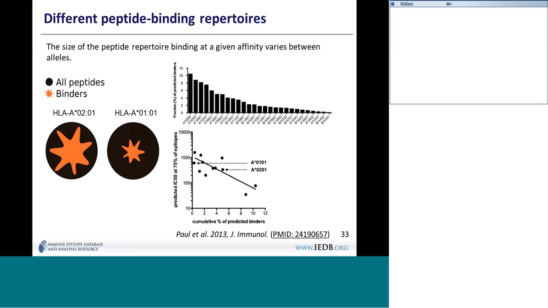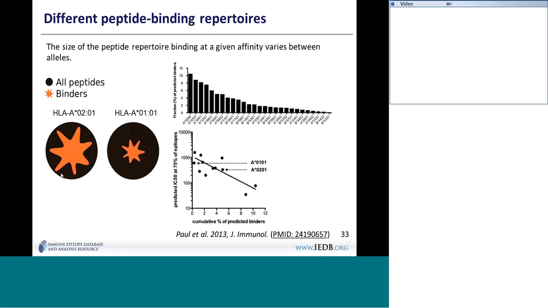There's also a new study by our group, made by Timo and the others in the lab, that shows that the repertoire size of the binders for each allele can vary. If we have a set of peptides and want to check how many will be binders to an allele, different alleles would have different numbers of binders from the same set of peptides.